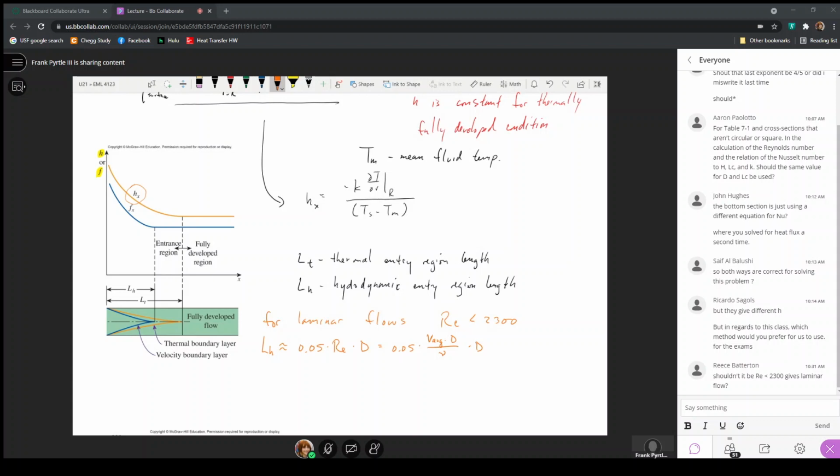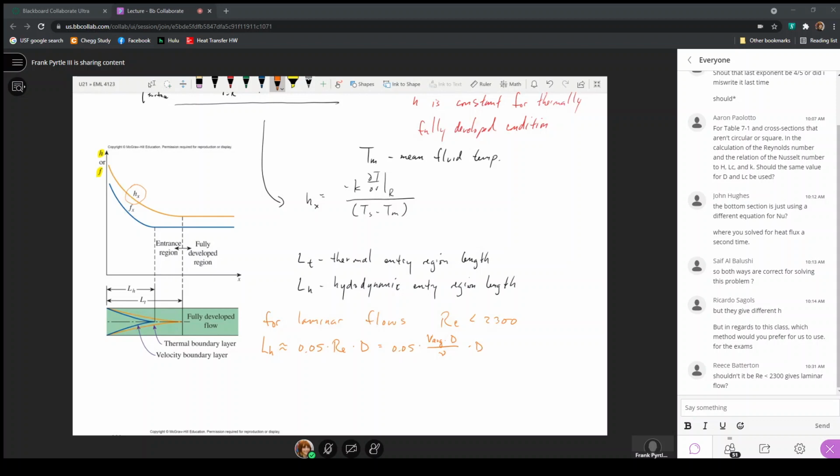The greater the diameter, the greater the hydrodynamic entry region length. So based on geometry, fluid type, and fluid velocity, if we increase the diameter or the velocity, the hydrodynamic entry region length will be longer. If we increase the viscosity of the fluid, picking a thicker fluid, it will decrease the hydrodynamic entry region length.